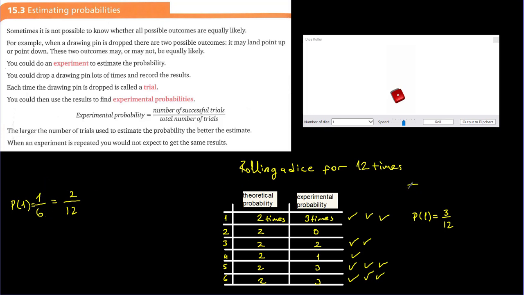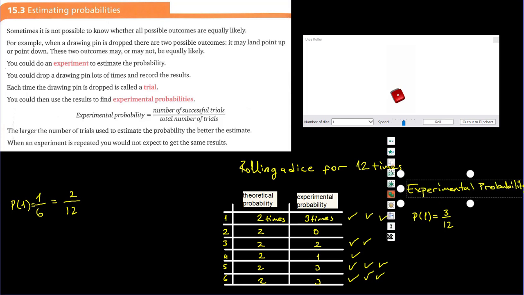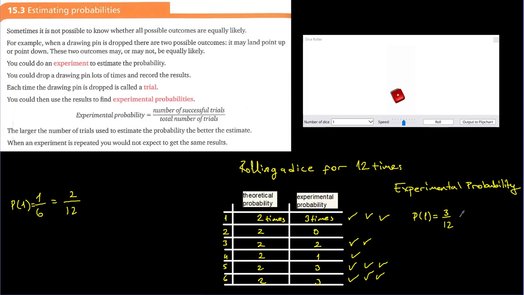Theoretical is 1 over 6, but the experimental probability results here: the probability of 1 is equal to 3 over 12, the probability of 2 is equal to 0 over 12, the probability of 3 is going to be equal to 2 over 12, the probability of 4 is going to be equal to 1 over 12, and the probability of 5 is going to be equal to 3 over 12.